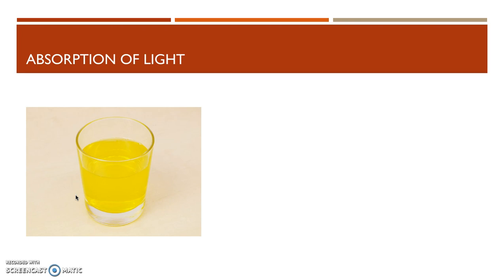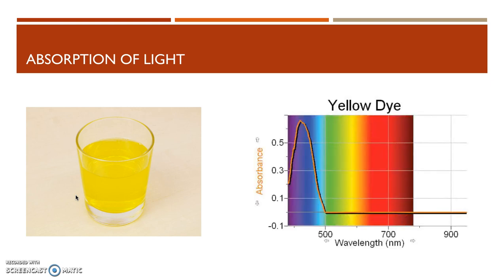If we look at the light that's being absorbed by the solution rather than the light that is being passed through the solution, then we could get something that looks like this scan. So this is called an absorption spectrum.